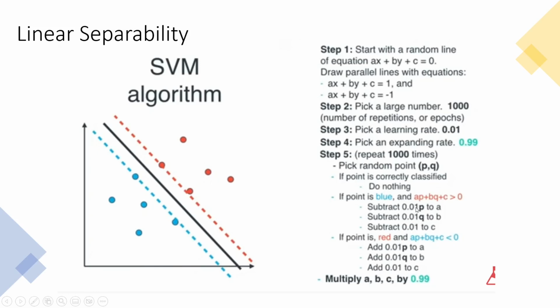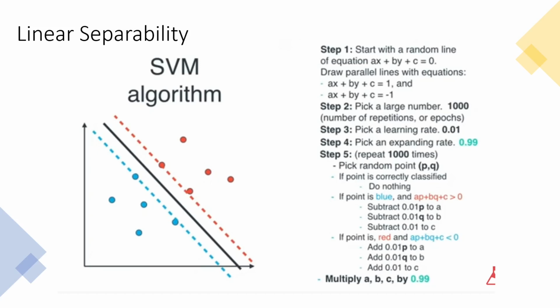We subtracted this from a, now we add this to a. Once we do this 1000 times, then we make an expansion, then we get our support vector. That's basically the very basic algorithm for support vector machines.